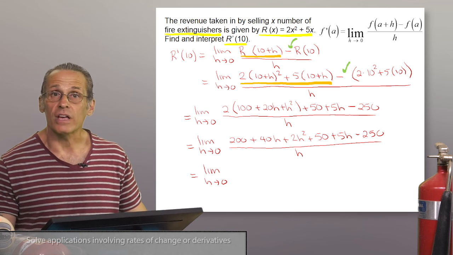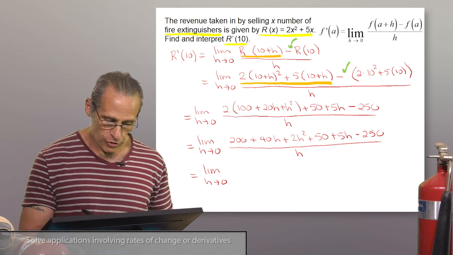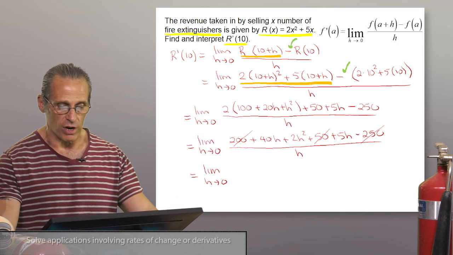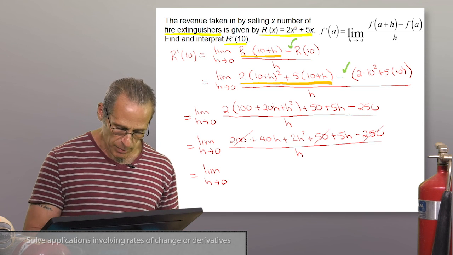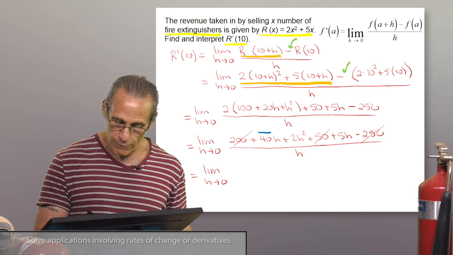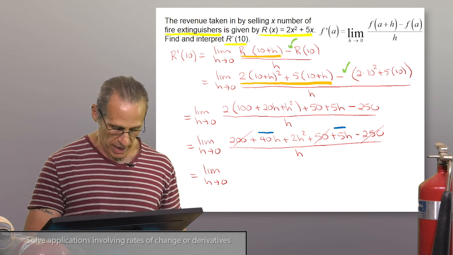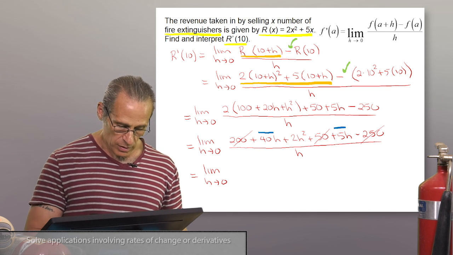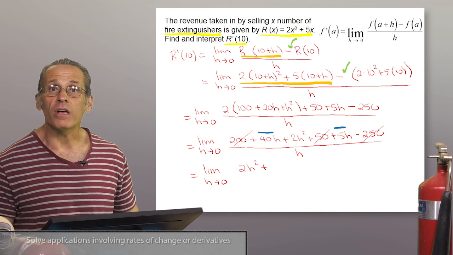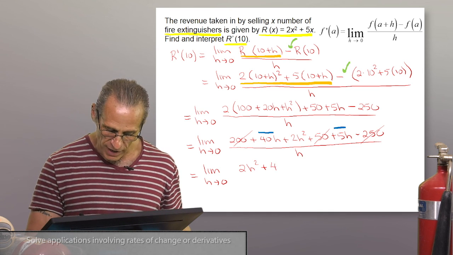Do you see cancellations in front of you? 200 plus 50 is 250, minus 250 is 0. And I'm also going to take a moment to combine 40h and 5h. So now I have the limit as h approaches 0 of 2h squared plus 40h plus 5h, that's plus 45h, over h.